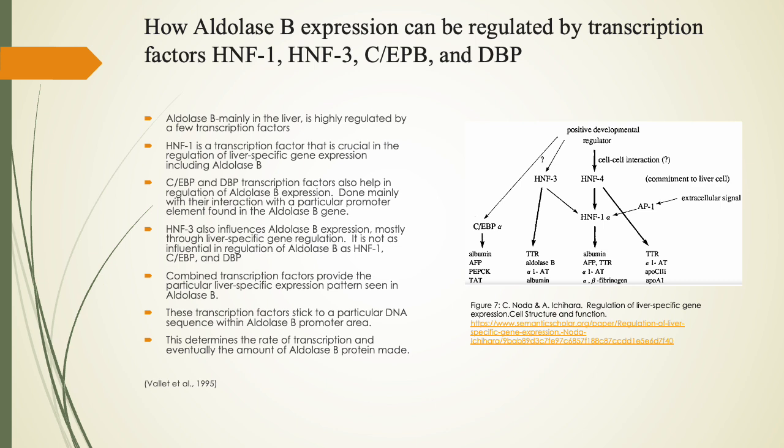With these combined transcription factors, they provide the particular liver-specific expression pattern seen in aldolase B. These transcription factors stick to a particular DNA sequence within the aldolase B promoter area, which determines the rate of transcription and eventually the amount of aldolase B protein made.